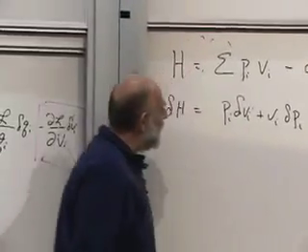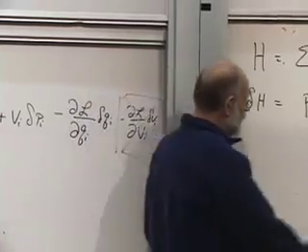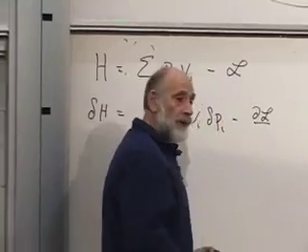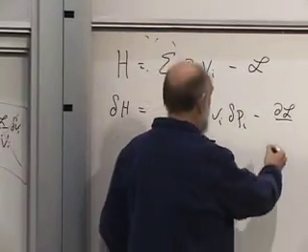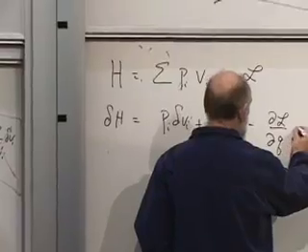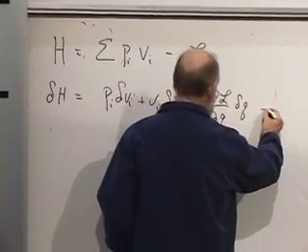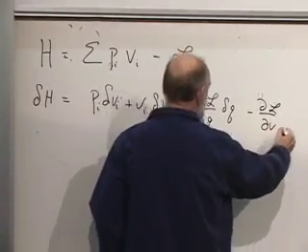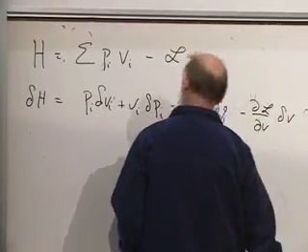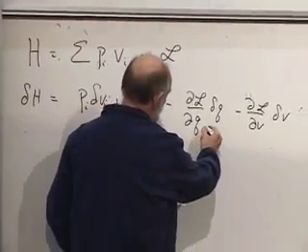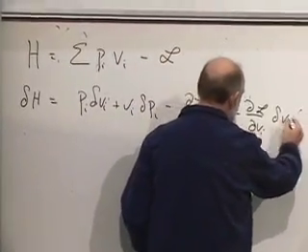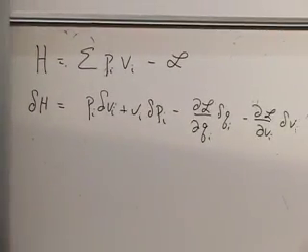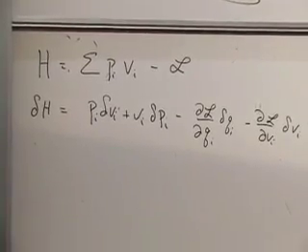But now we have to calculate the change in L. The change in L is the derivative of L with respect to whatever it depends on. But it depends on q's, delta q's, and it depends on v's. Everybody gets an i. There should be a summation sign, which I'm too lazy to write.